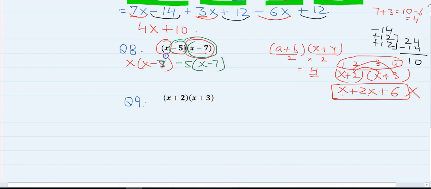Sorry, it's x minus 7. Now you can see here our terms were x minus 5 and x minus 7. We have divided it into two parts, x and minus 5. We have multiplied it by x and we have multiplied it by minus 5 also.